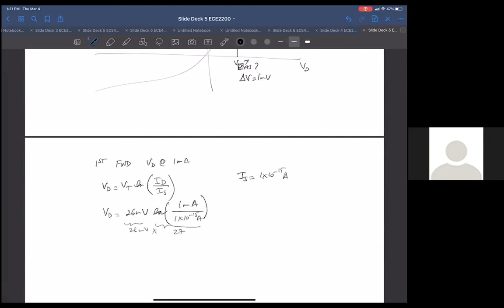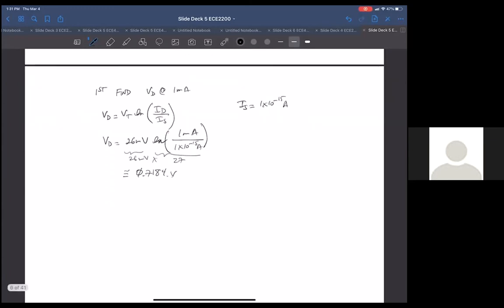Multiply that, and I get approximately 0.7184 volts. So this is the voltage V sub D at which I'm at 1 milliamp.